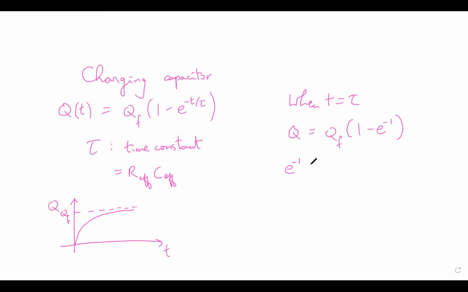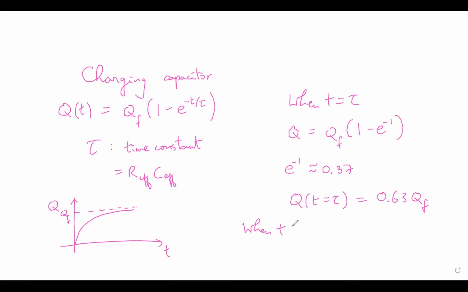So e to the minus 1 is approximately 0.37. And so this tells us that if you wait one time constant, then your Q at t equals tau is going to be 0.63 Q final. That means after one time constant, you will have reached 63% of your final charge.